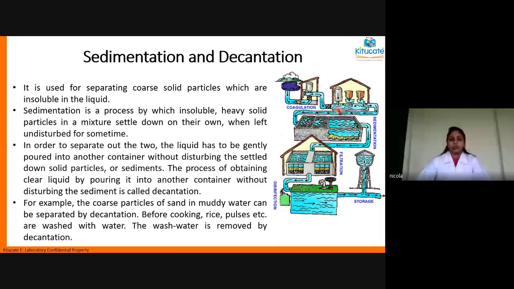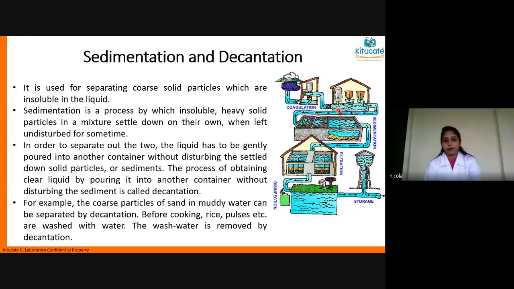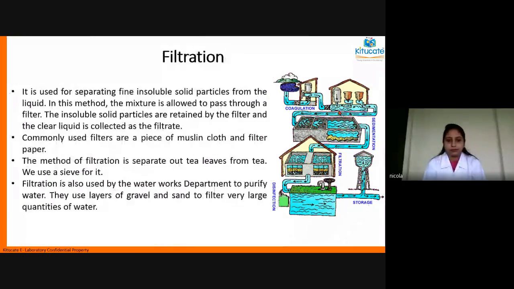It's a water treatment plant. Yes, it is a water treatment plant. So we'll discuss this water treatment plant after we discuss all the 4 processes. All right. So you understood sedimentation and decantation? Yes, ma'am. Okay. So we move on to the next slide now.